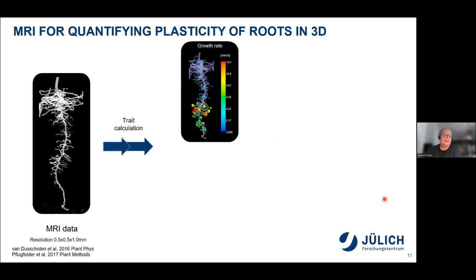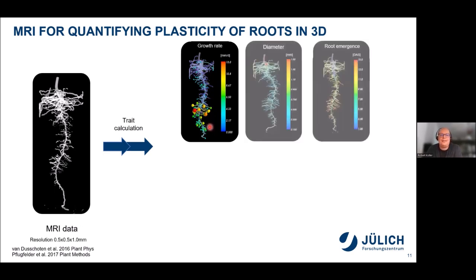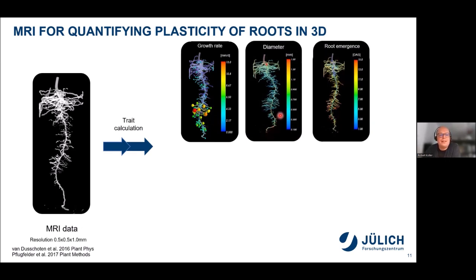Another example is, and it's really important for us, not only to show the difference in images and in videos, but also, of course, to quantify those differences. And as you can see here, for example with the growth rates, we can see high spatial and temporal differences in how a root grows, where newly formed roots emerge, and also how heterogeneous these growth patterns are within the root system. Another example is that we can show diameter classes.